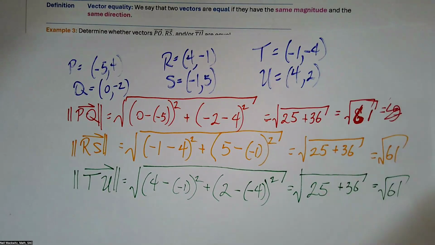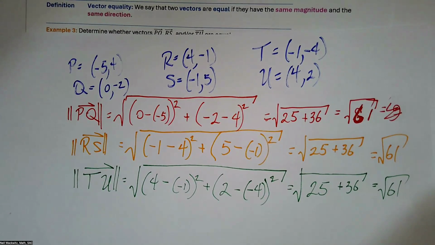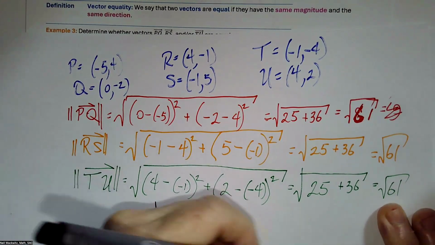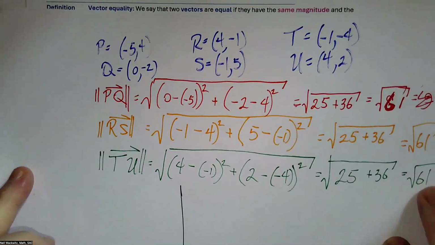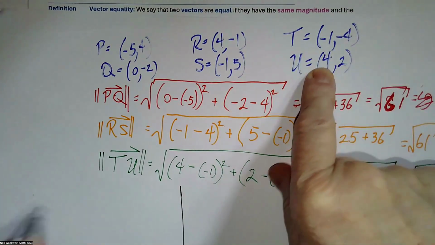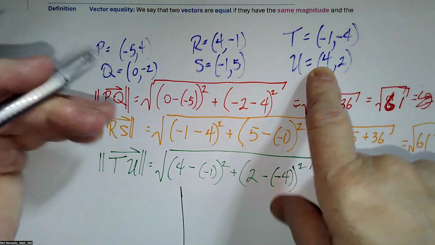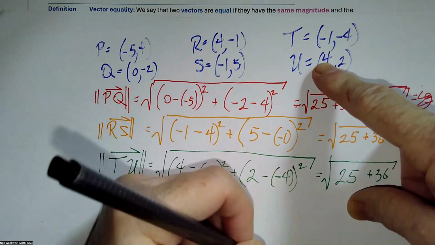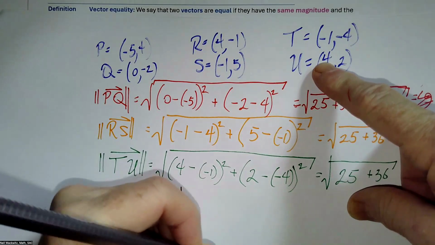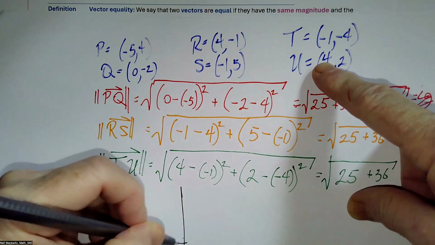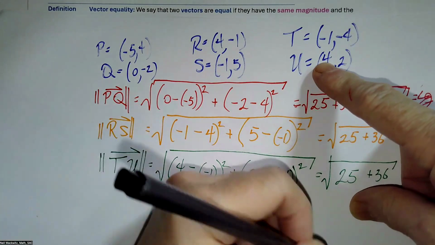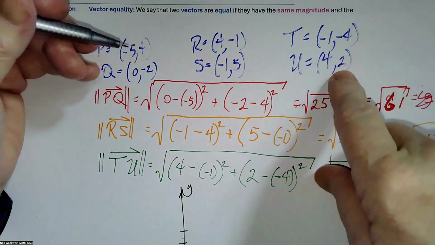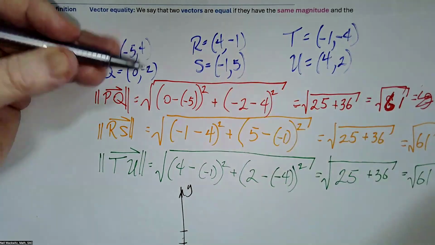Let's sketch this system. Let's see, we go up to 4. In the y direction, we go up to 5.